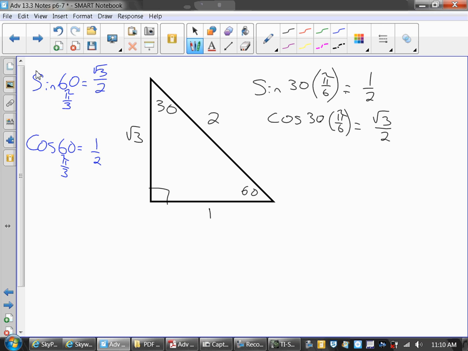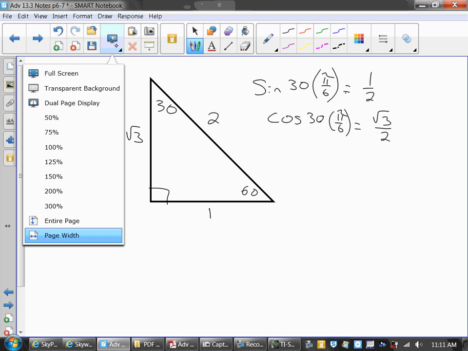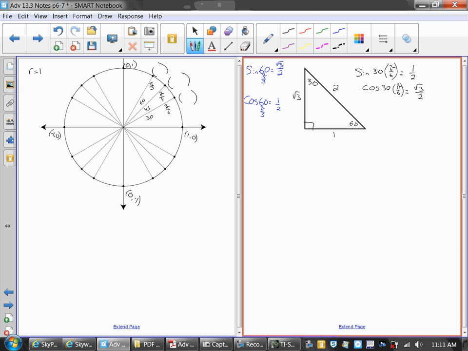Anyway, now as we go through this, I want you to remember ordered pairs. Your ordered pairs go x, y, correct? Remember, the cosine was always the x value, the sine was the y value. So now as we start to look at this, let's backtrack to the unit circle.